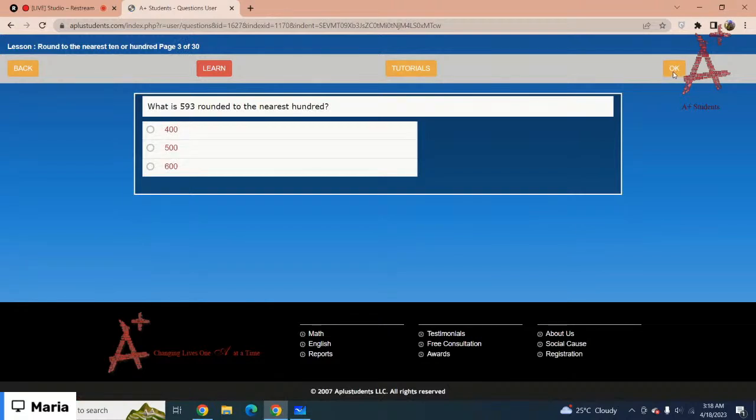Okay, what is 593 rounded to the nearest 100? So which is the correct option? 593 is rounded off to, very good, 600. The correct option is 600.